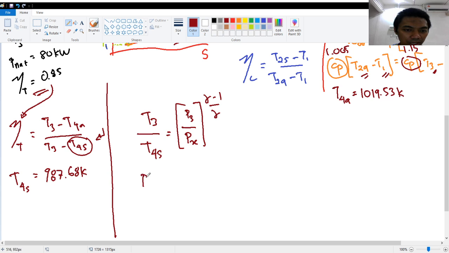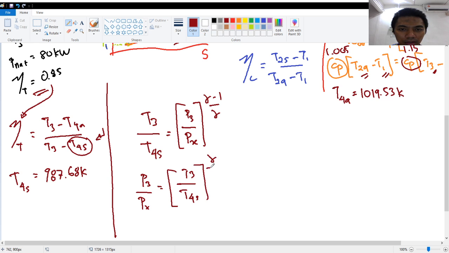So P3 over Px equals T3 divided by T4S to the power of lambda divided by lambda minus 1.